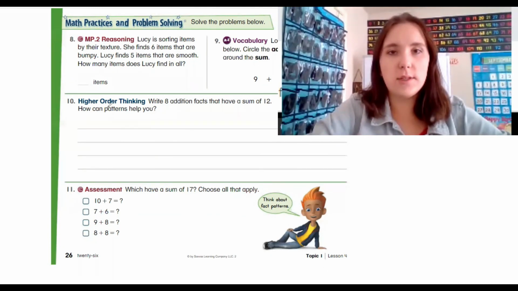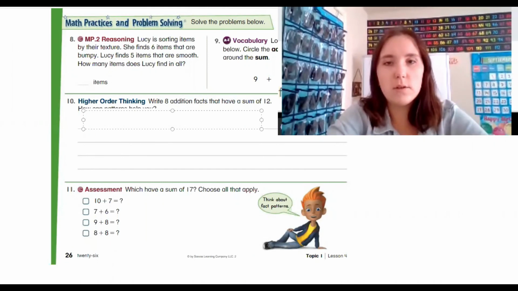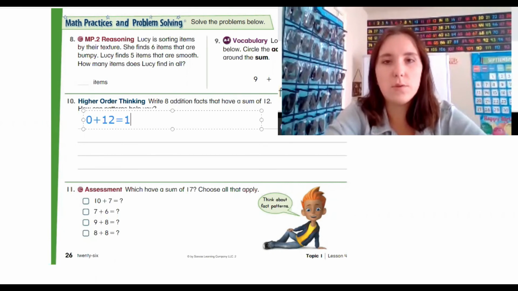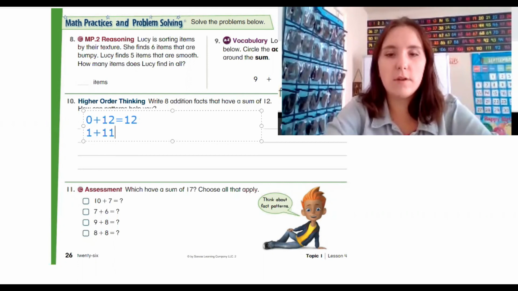Let's do some patterns, some addition facts. So I know 0 plus 12 equals 12. And I know 1 plus 11 equals 12. And 2 plus 10 equals 12.